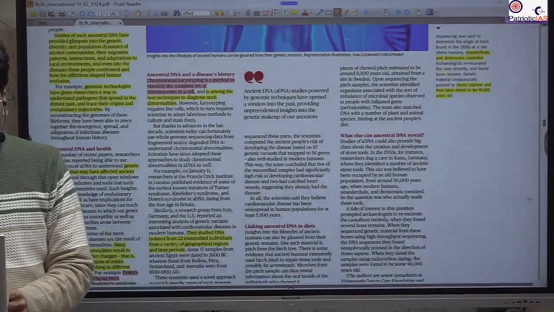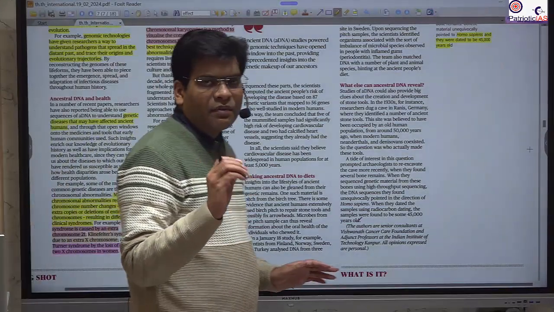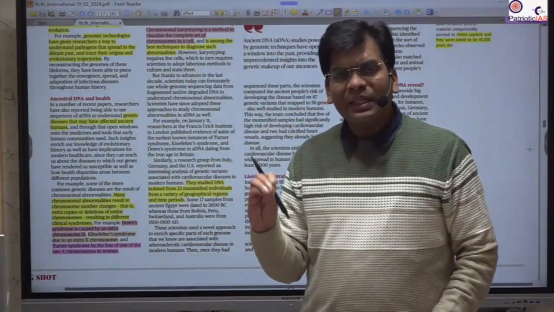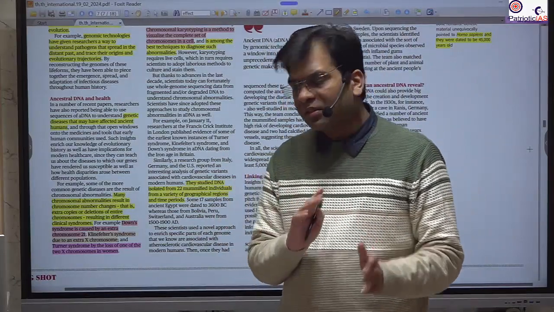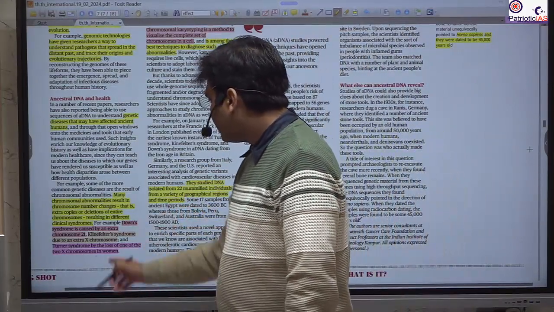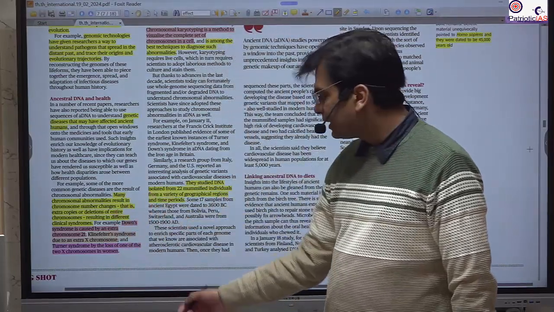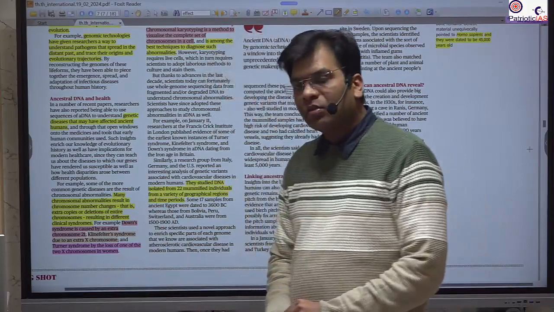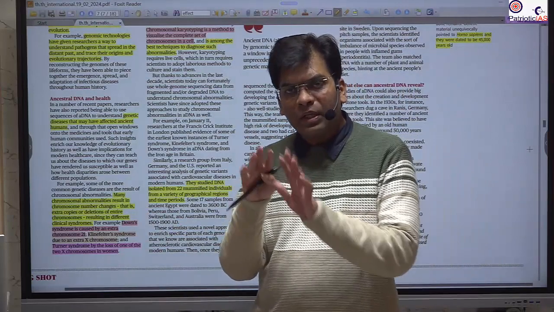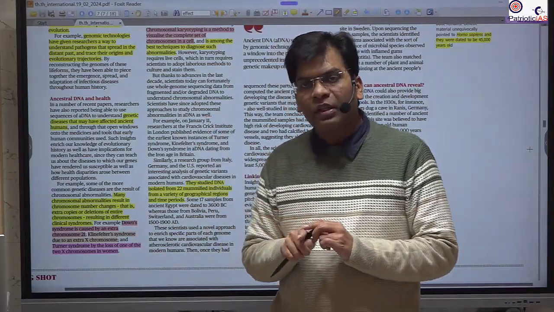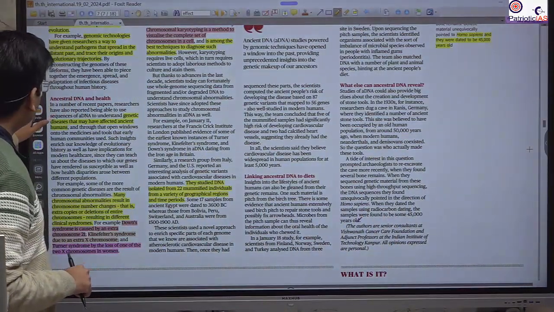So this genetic history also gives information about the different types of abnormalities in persons due to changes in these genes. For example, here it is given that a change in the number of chromosomes results in diseases like Down syndrome. Why is it caused? It is caused by an extra chromosome at the 21st pair of chromosomes. You should not be confused about what this 21st is.